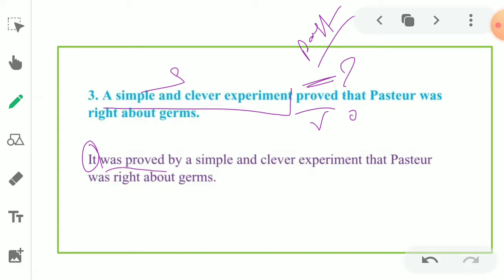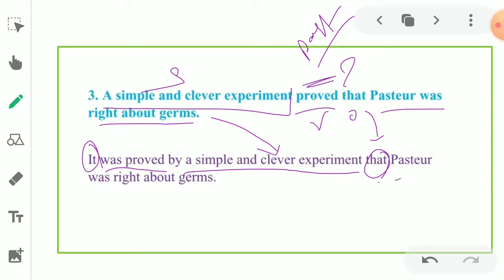By, preposition, a simple and clever experiment, that is the subject. Because this particular sentence is complex, like I told you earlier, you have to begin the same complex structure, write the continuation part from the active in passive, and put a full stop at the end.